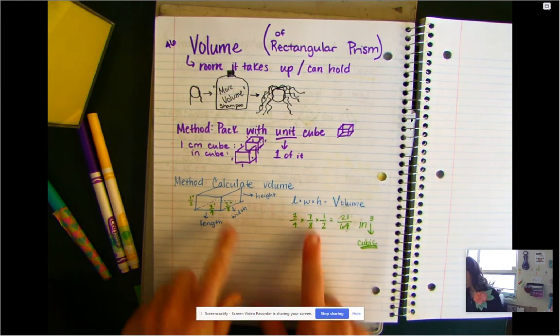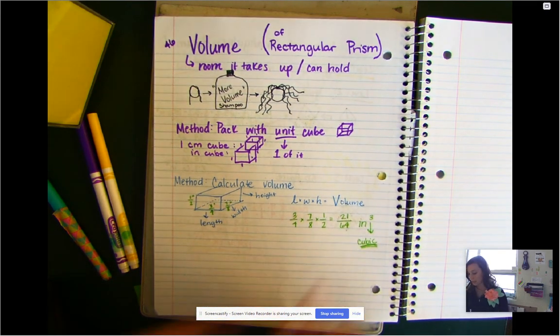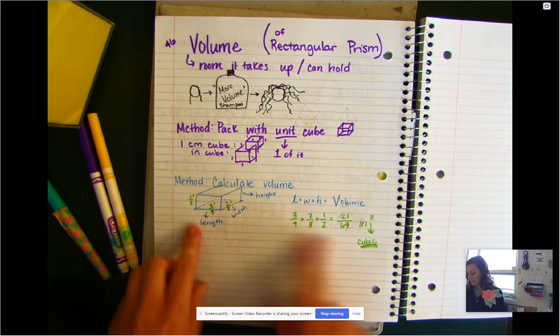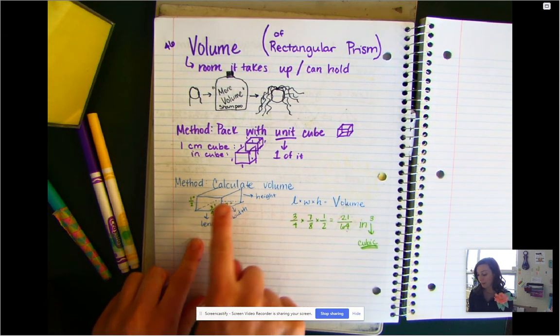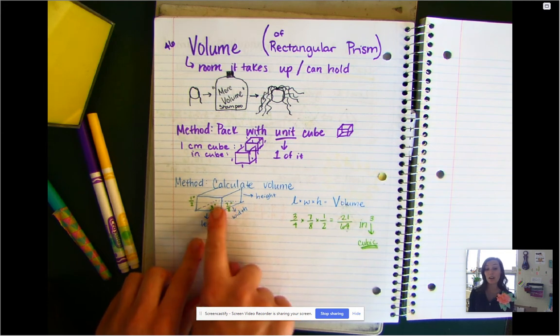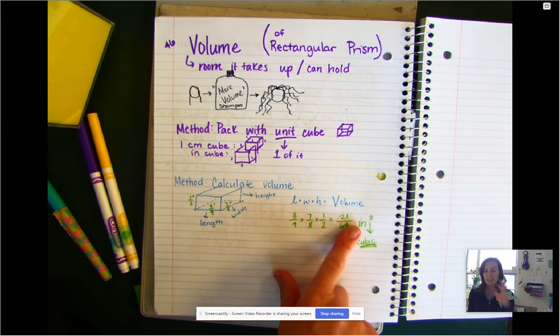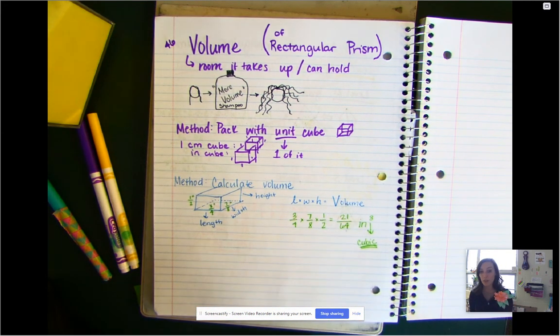Now you might be wondering, how is that possible? Well, think about that each side was less than 1 inch. So it was not going to be possible for it to be a whole cubic inch. So it makes sense that when we multiply by fractions, when they're less than 1, we should expect, even though it seems funny, for our final volume to get smaller. So, finding the volume of a rectangular prism.